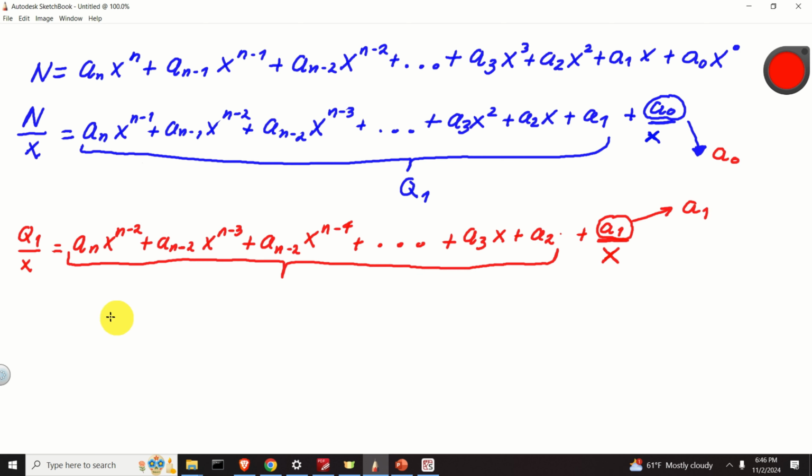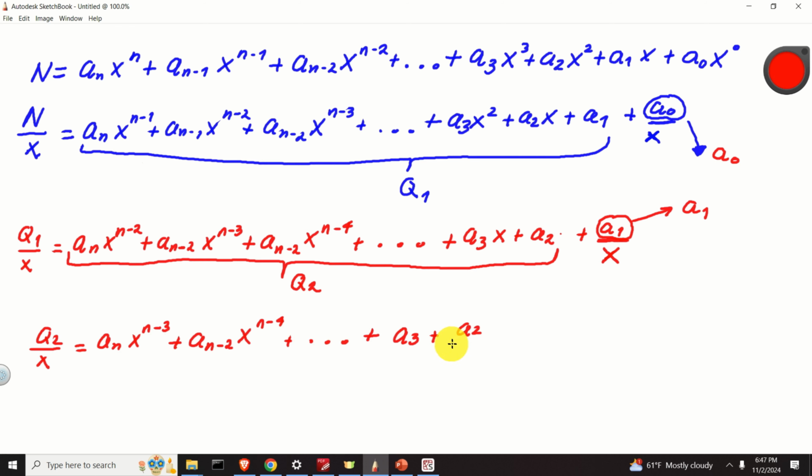Then we repeat this procedure again recursively. This part is now q2, and then we say again q2 divided by x is an x to the n minus 3 plus an minus 2 x to the n minus 4, and then we sum the terms. Over here we will have a3 plus a2 divided by x.